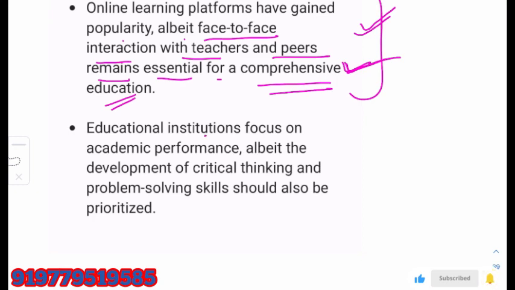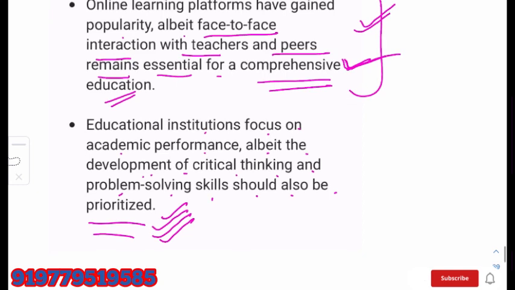Educational institutions focus on academic performance, albeit the development, don't say 'development of', of critical thinking and problem-solving skills should also be prioritized. They should also be given attention and importance.